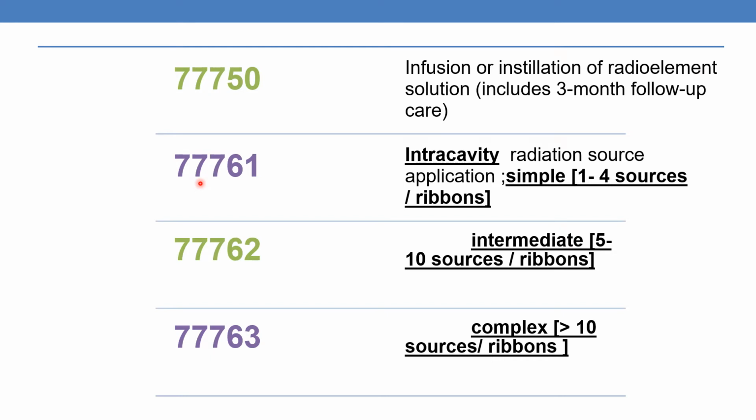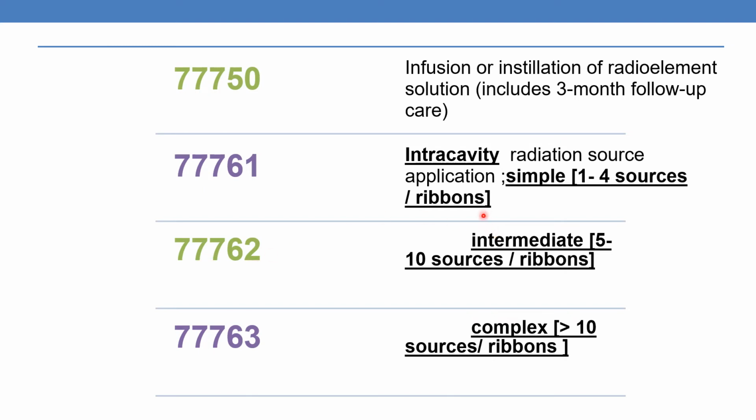The next is 77761. It is intracavitary radiation source application simple. The CPT is 77761. Simple means 1 to 4 sources or ribbons. The next code is 77762.